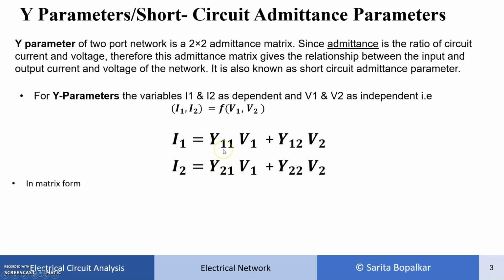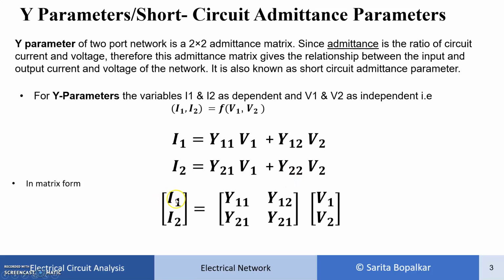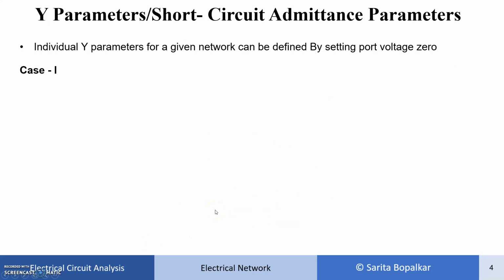Like this, we will get Y11, Y12, Y21, Y22, 4 parameters. In matrix form, we can write I1, I2 as a function of V1, V2, whose coefficients are these Y parameters. So we got a 2 by 2 admittance matrix. This is the matrix form.